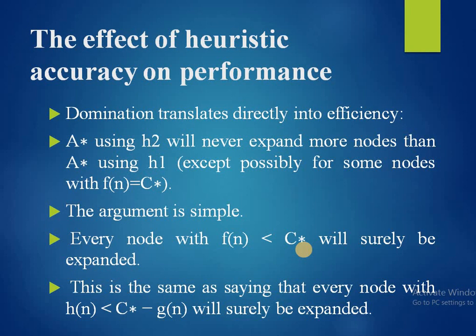The argument is simple. Every node with f of n less than C star will surely be expanded. This is the same as saying that every node with h of n less than C star minus g of n will surely be expanded.